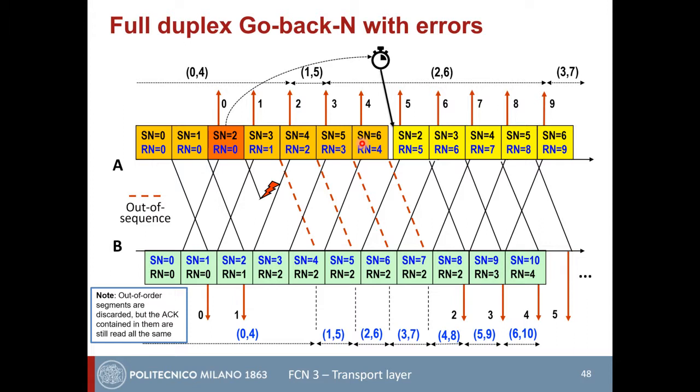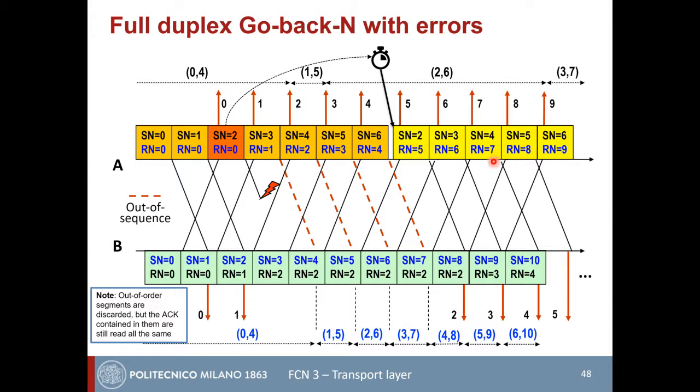Then A had to stop. Okay. Here you have the timeout that expires, so the window was from 2 to 6, so A starts retransmitting from the frame with the sequence number equal to 2. Okay. And that's the yellow set of frames.